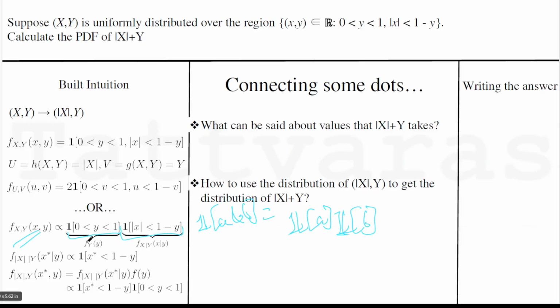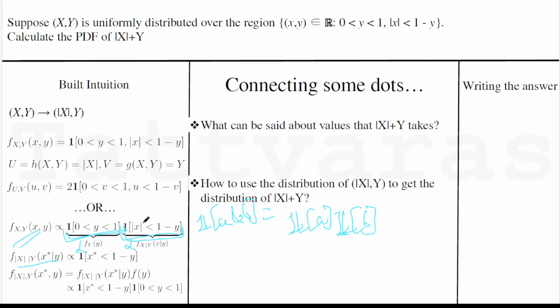Now, we can say that this part is purely y and this part is x and y. So we could have said that this part is associated with the marginal of y and this part is the conditional distribution of x conditioned on y. Now, once we have the conditional distribution of x given y, it is easy to see that it is uniform.